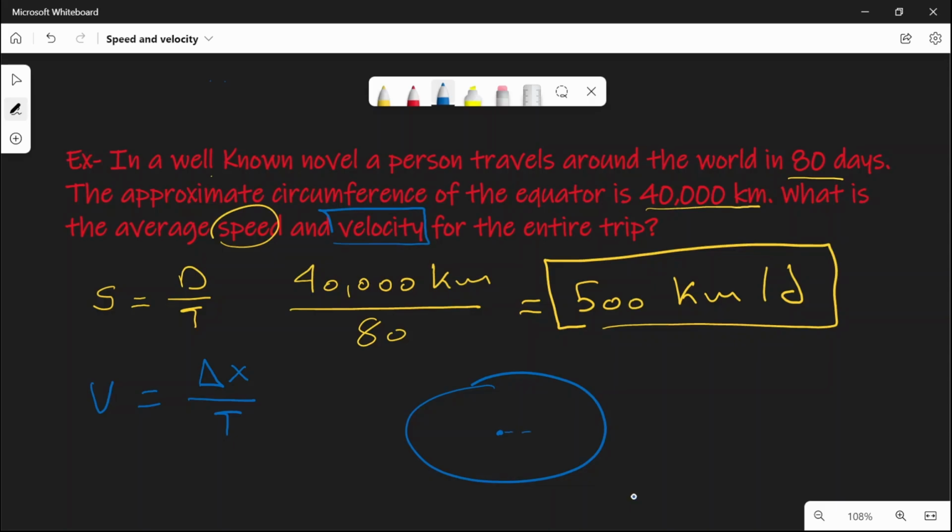And he traveled all around the Earth, finishing at the starting point. So that means that the displacement, or xf minus xi, is equal to 0, because the starting point is the same as the ending point. So in this case, the velocity is equal to 0 as well.